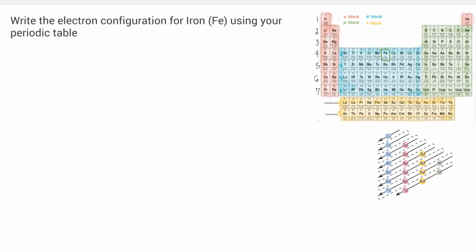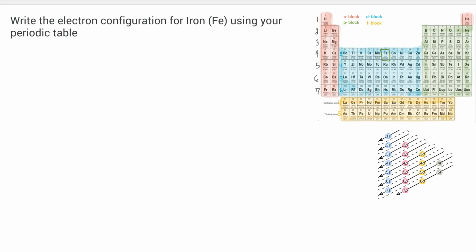So when we go into the d block, we have to remember that the number of that set of d orbitals is 1 less than the set of s orbitals. So this is actually 3d, and then 4d, and then 5d, and then 6d. So after 4s2, we do 3d, and then we're 1, 2, 3, 4, 5, 6 into the d block. So it'll be 3d6 that iron's electron configuration will end with.